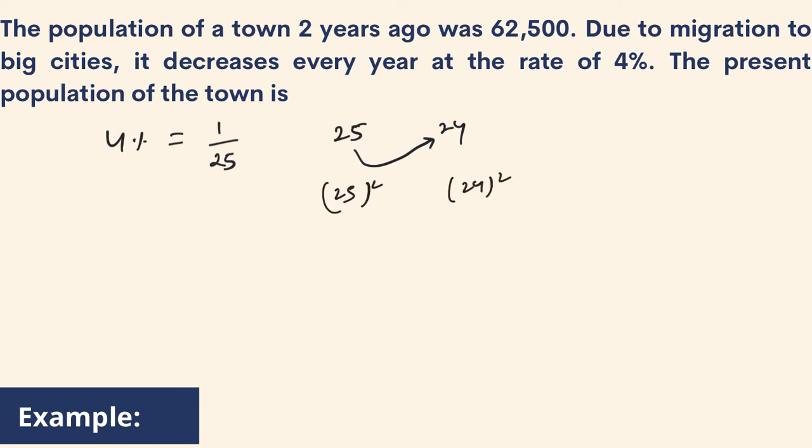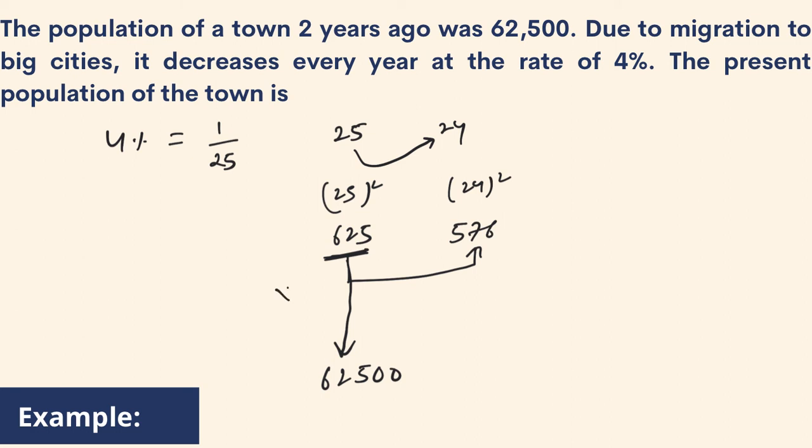24 square, 25 square is 625 and 24 square is 576. So I can say after 2 years the population becomes from 625 to 576, and the value of 625 given in the question is 62,500. So how will I get the number from here to here? I can multiply this number by 100.